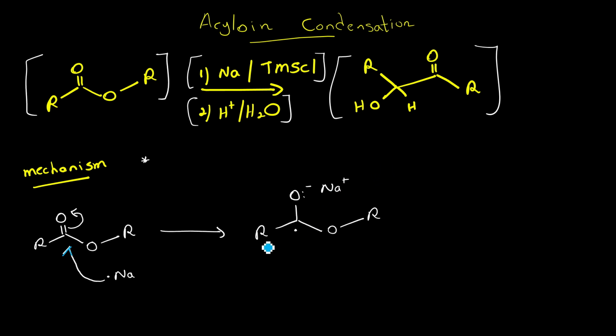So now we have this compound. When the reaction is happening, the system contains lots of molecules, so this can happen with another molecule. So let's have another molecule here. This is the same molecule. Now you can see both of these molecules are radicals, so these two can combine together.